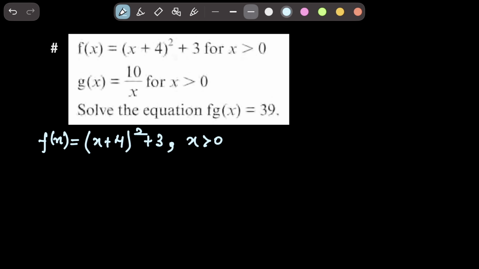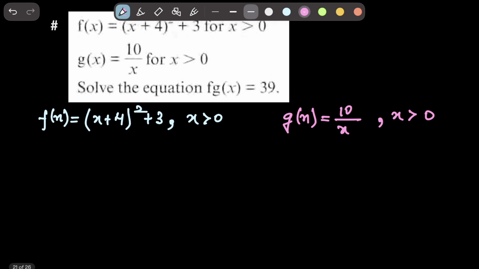Similarly, there is one more function given over here which is g of x equals 10 over x, and again this function is defined for all x greater than 0. Now the question wants us to solve this complete expression f of g of x equals 39.